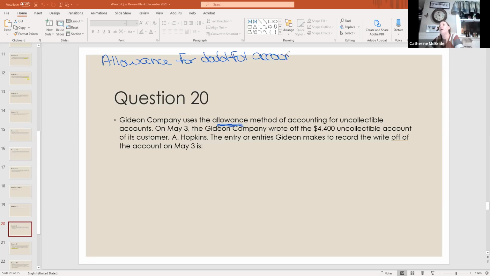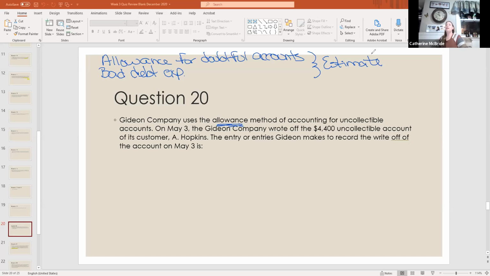Sometimes you'll hear this called allowance for uncollectible accounts, or allowance for bad debts, anything like that. The other side of this is bad debt expense. So when we estimate how much won't be collectible, then we record bad debt expense and the allowance for doubtful accounts.